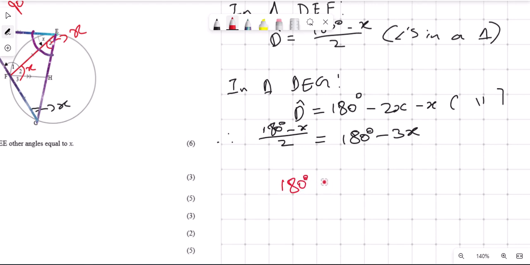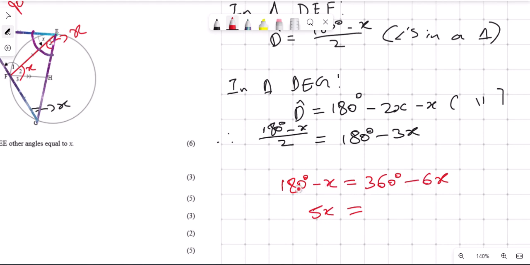180 degrees minus x is equal to 2 times 180, which is 360 degrees, minus 2 times 3x, which is 6x. Is this correct? Yes. Therefore, I'm looking at 5x. Negative x plus 6x is 5x.